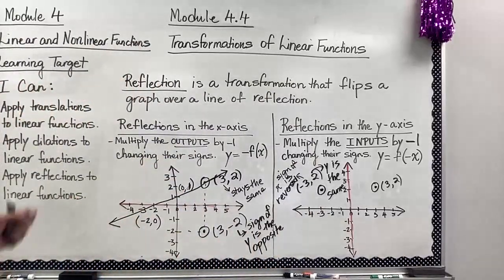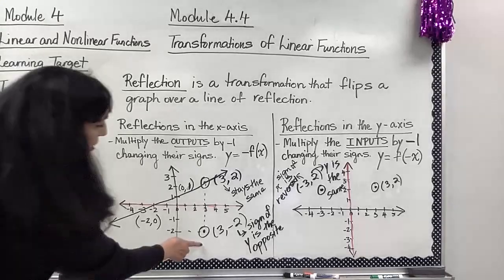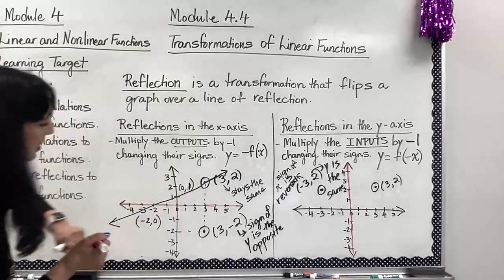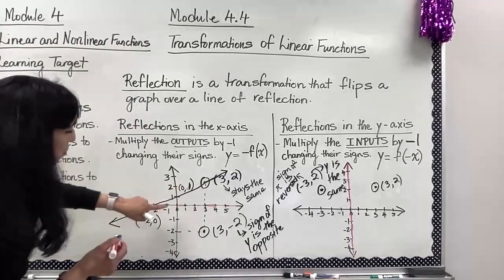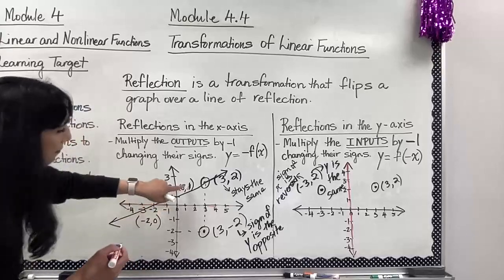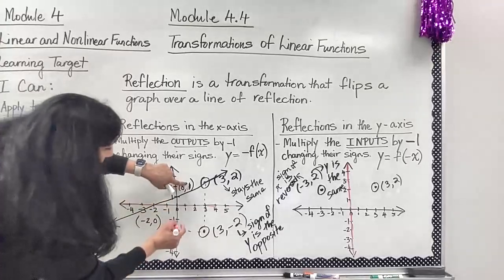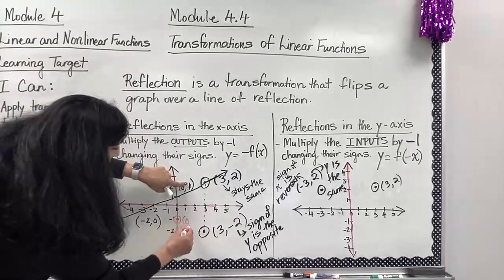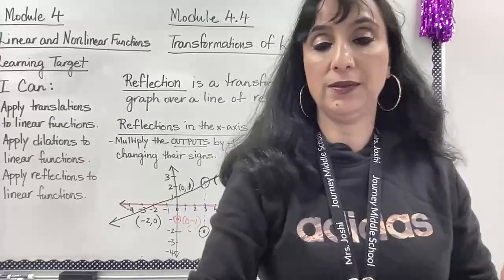I said x stays the same and y is going to be the opposite. So we plotted the first one, which is (3, -2). X is 0, y is 1, so the opposite of y is going to be negative 1. Okay, so here is my point, which is (0, -1).